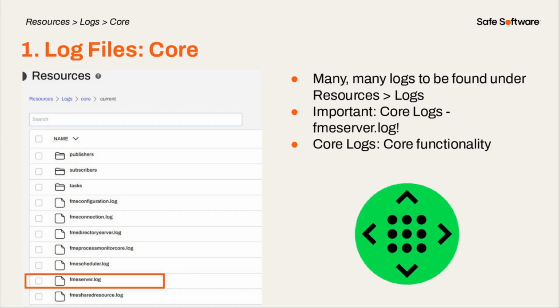If you ever need to submit a case to us, and I'm sure many of you have or will, please do include this FME server core log file. And if you have a fault tolerant installation, I'll also mention there will be multiple FME server log files, one for each core host server.